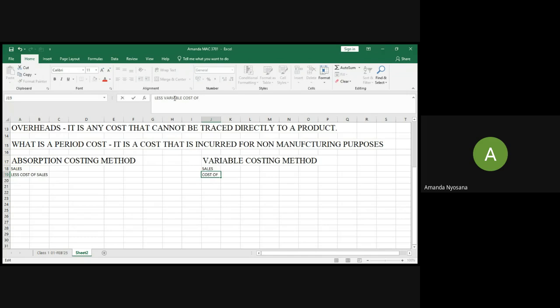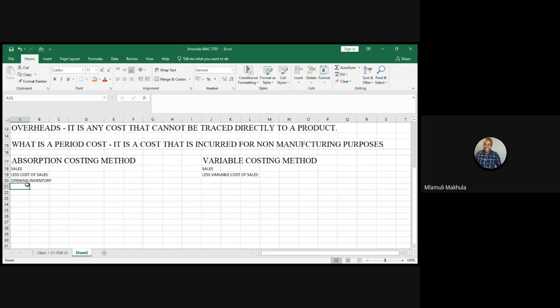Let's say less variable cost of sales. It's fine. A cost of sales, what does it include? It will include opening inventory and purchases. So this side, since we are manufacturing, we wouldn't have purchases.